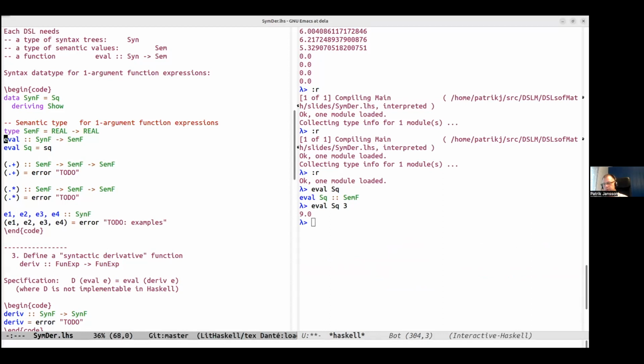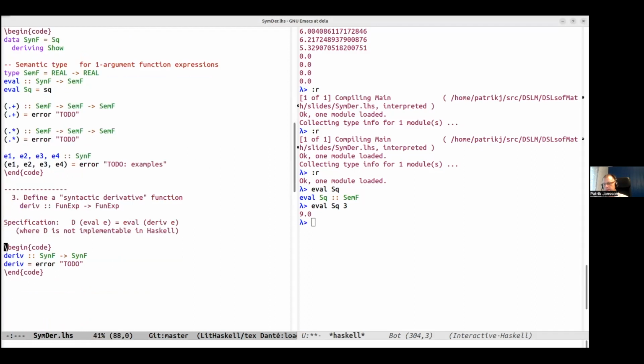Now I could simultaneously try to give some example of derivative. I have it down here, which is barely visible, so let's scroll up a bit. I've said that I also want to compute a derivative, and now I will compute a syntax tree for the derivative. So what's the derivative of squaring?